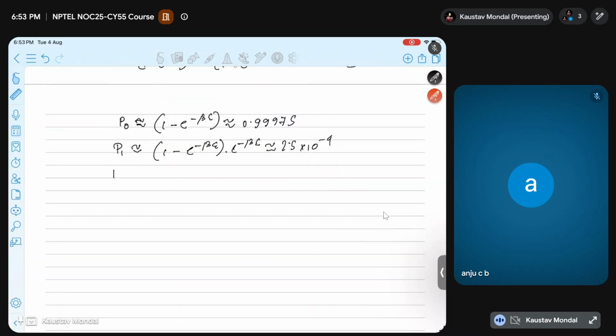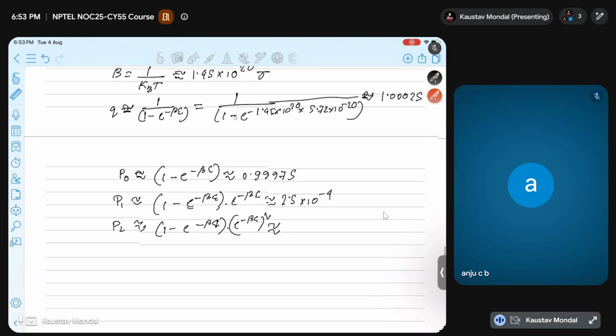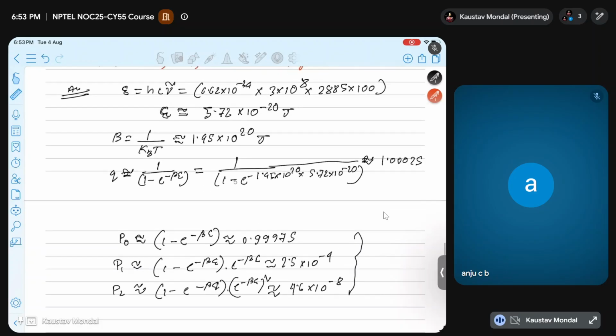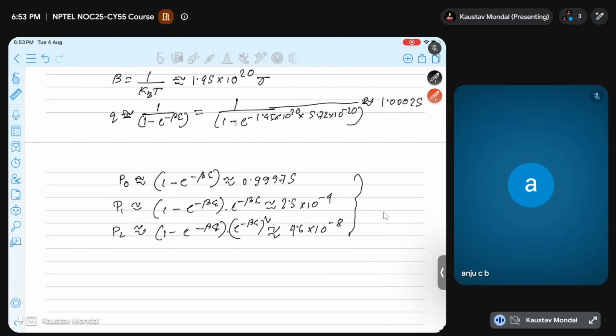Lastly, P2 is (1 minus e to the power minus beta E) into e to the power minus 2 beta E, so you can write it as a whole square. You know the value of e to the power beta E, so if you substitute it, you will get roughly 4.6 into 10 to the power minus 8. This is how the molecules will be distributed in the ground state, first excited state, and second excited state.